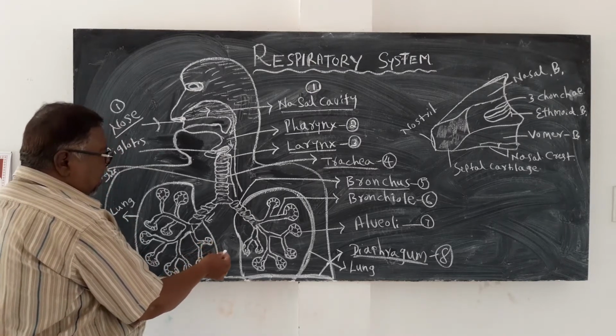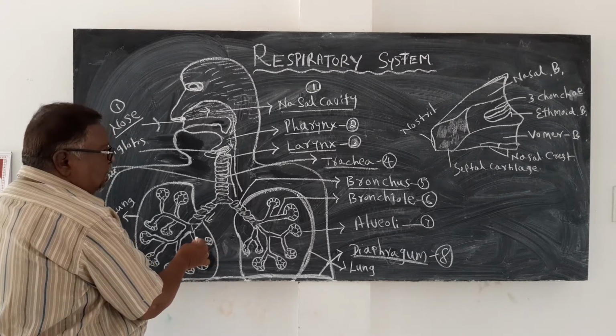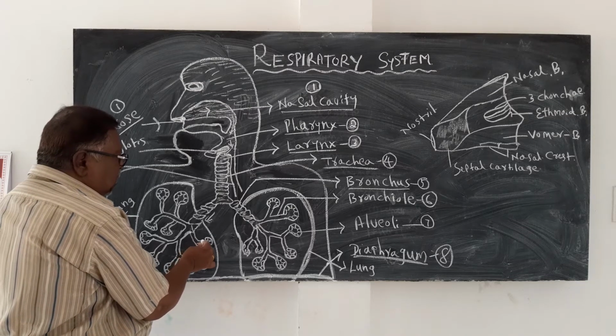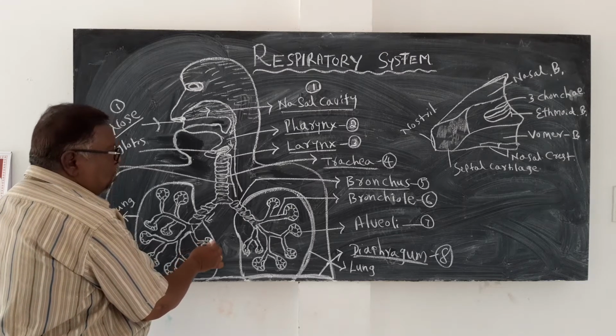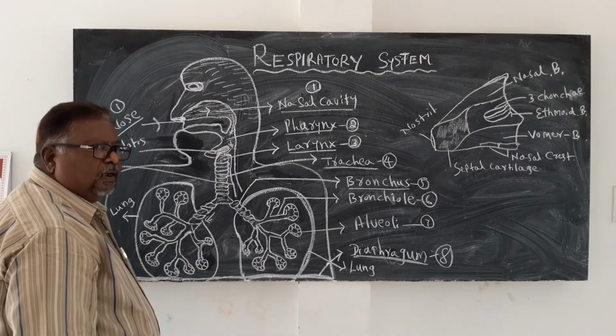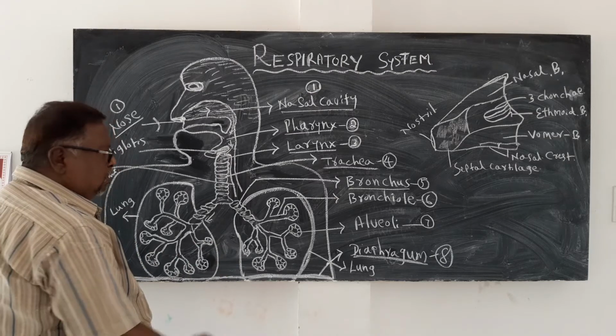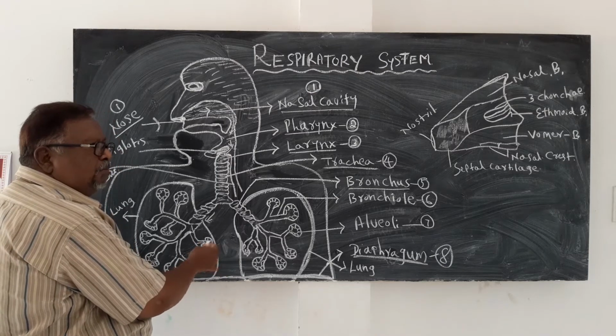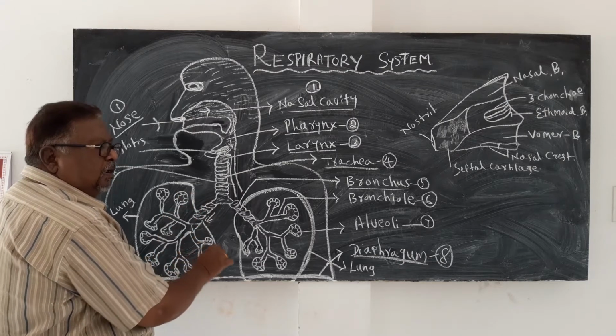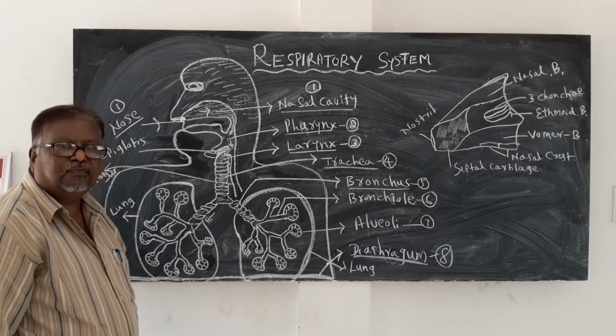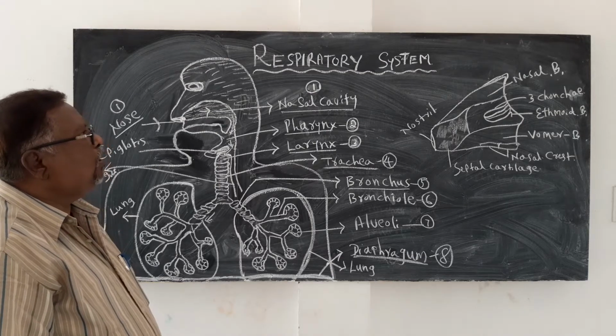The carbon dioxide is thrown into the alveoli and the oxygen present in the air is absorbed by the wall of the blood capillaries, and this blood becomes oxygenated blood and takes the oxygen to the different parts of the body. So this is all about the respiratory system.